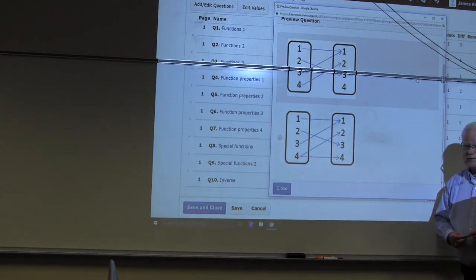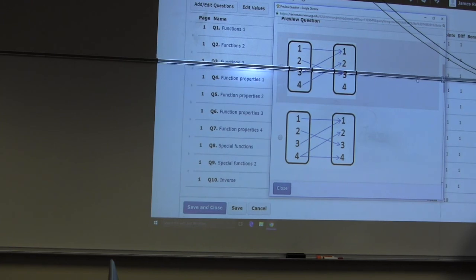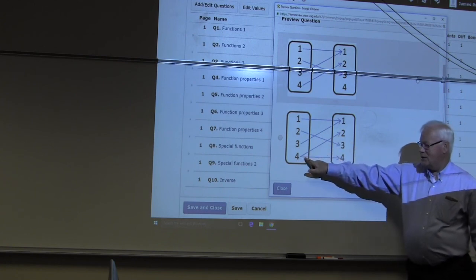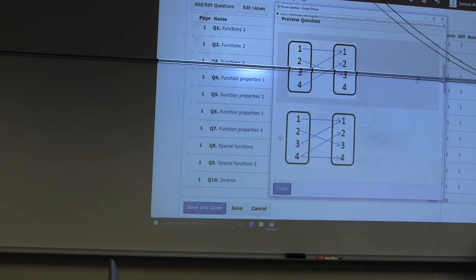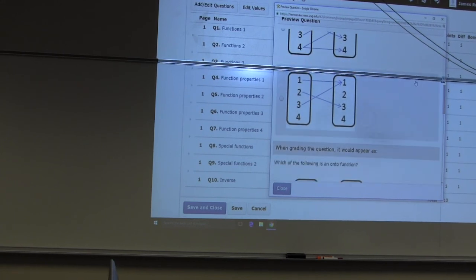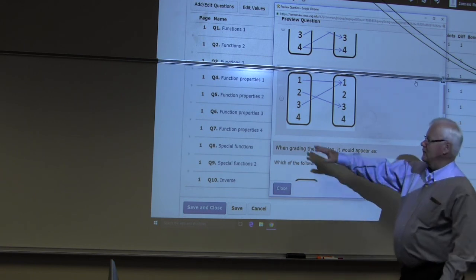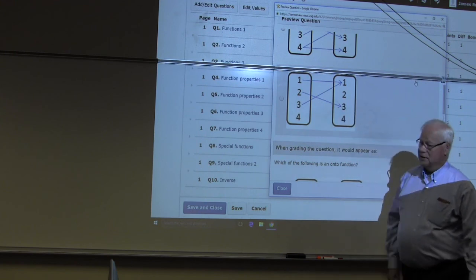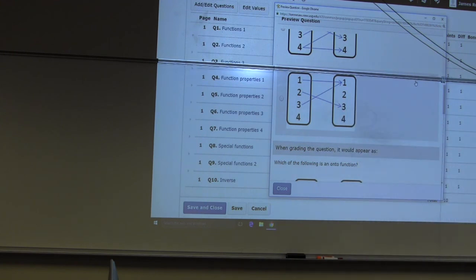Is that an onto function? It's not a function at all, because the 4 here has 2 arrows coming out of it. It's related to 2 different values in the codomain. And lastly, this one. Well, this one isn't even a candidate. It's not a function because 4 is not in the function. And of course, the 2 and the 4 aren't covered over there. Okay.